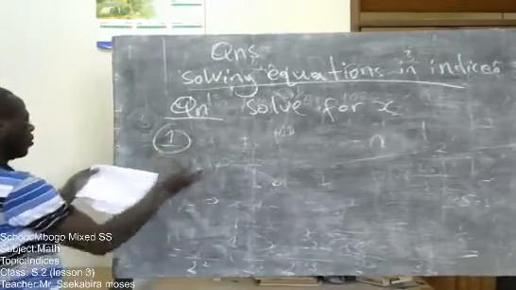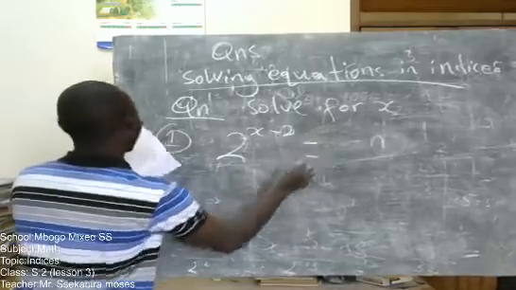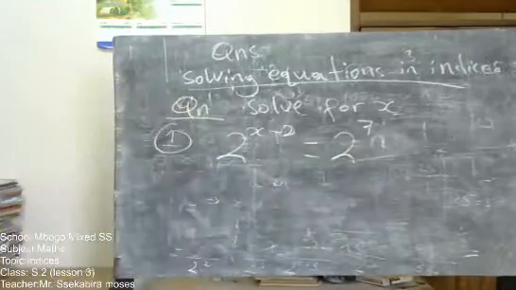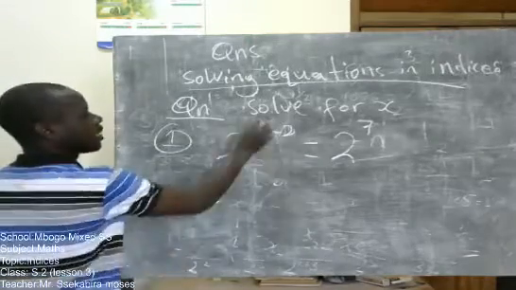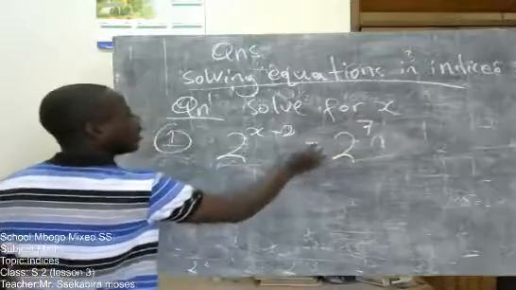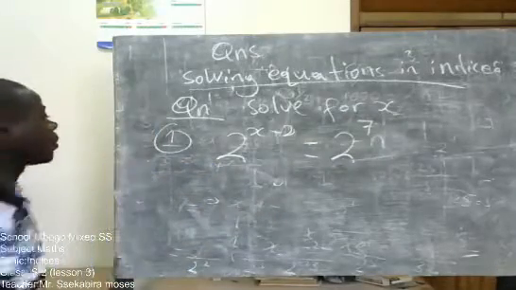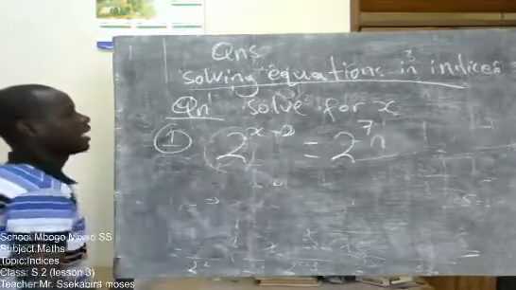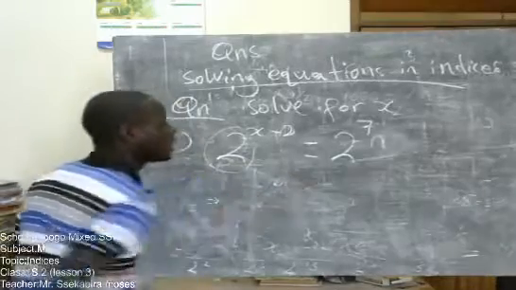Number 1, we have 2 to power x minus 2 is equal to 2 to power 7. This has the base and the power, and there is an equal sign. Now we are solving the equation. The bases are the same. The base on this side is 2 and on the other side is 2.